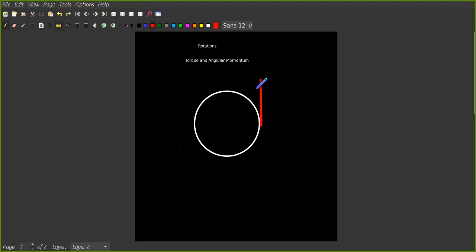I'm going to be doing this force, and I'm going to be doing the same force but to the other side. Okay, the same force. And so what this makes is a rotation.